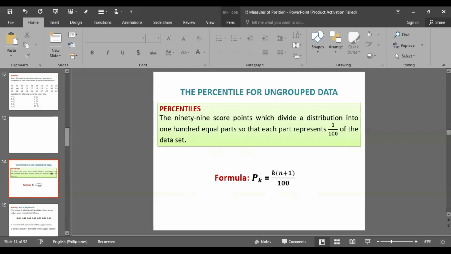Here, there are 99 score points that divides the data into 100 equal parts, denoted by P sub 1, P sub 2, P sub 3, until P sub 99. So again, we will be using the Mendenhall and Sincich method. So this is the formula. Almost the same lang nung sa quartile and decile. It's just that the denominator here is 100.